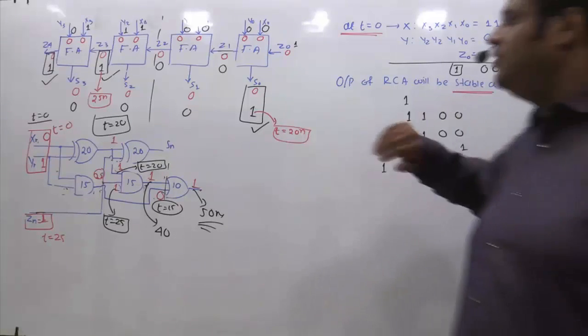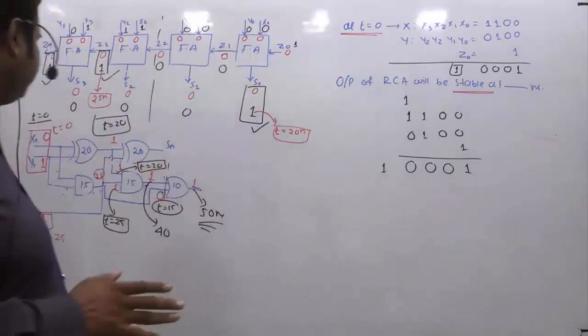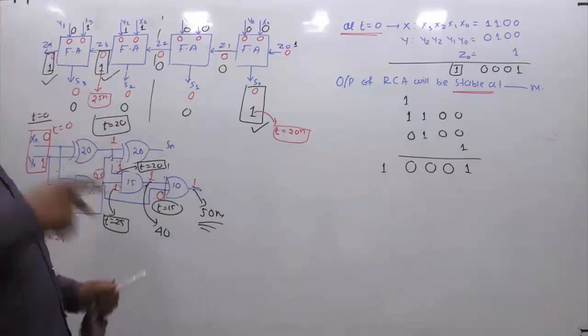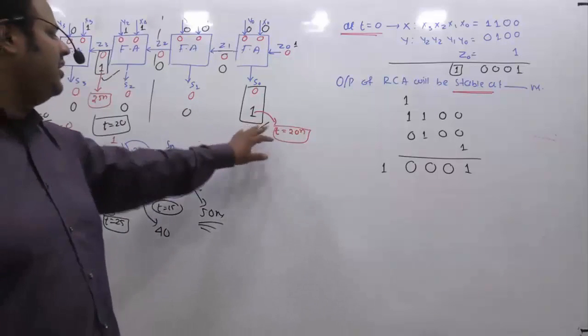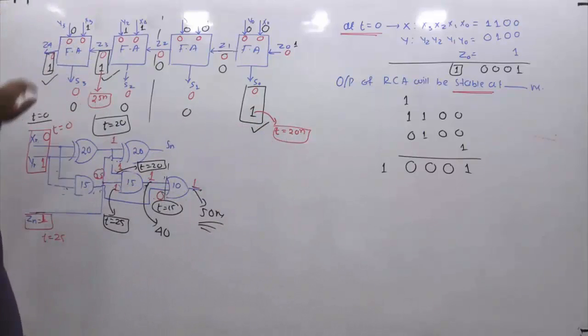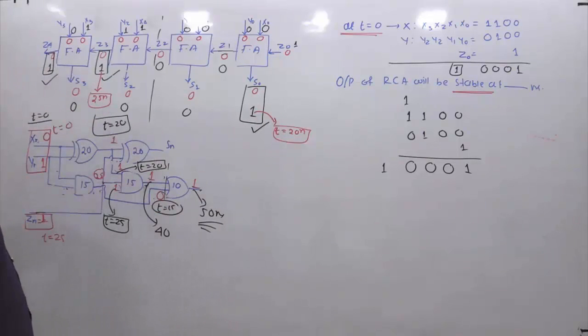Your focus is when do I get the corresponding final state. So you always have to check this circuit diagram for what time you get the corresponding changes. Like in this case, at t equals 20 you are getting this stable state, at t equals 25 you are getting the stable state, and for this you are getting it at t equals 50. So if I allow 50 nanoseconds, I get the corresponding stable state.